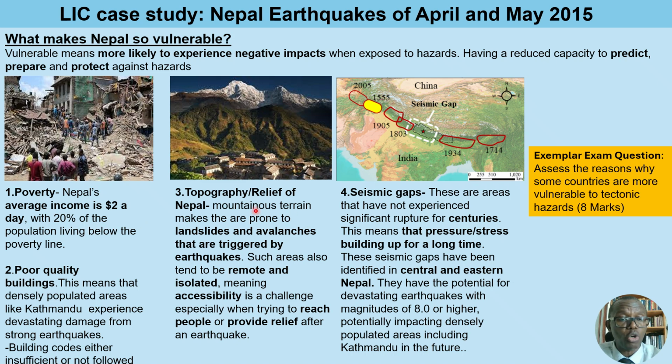Now, if we go on to topography and relief, now topography or relief refers to the height of the land, and we have discussed at the start that the Himalayas are around this particular area, and that means that the mountainous terrain makes the area prone to landslides and avalanches that are triggered by earthquakes.